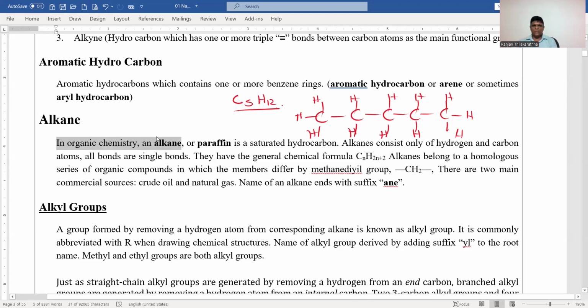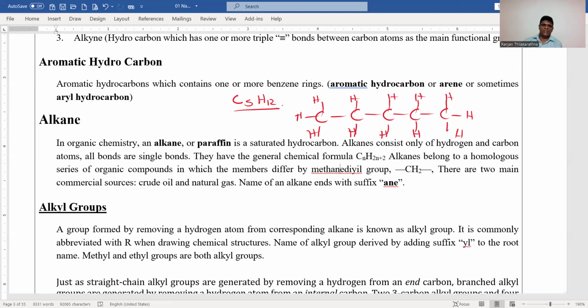An alkane or paraffin is a saturated hydrocarbon. Alkane consists only of hydrogen and carbon atoms. All bonds are single bonds. They have the general chemical formula CnH2n+2.